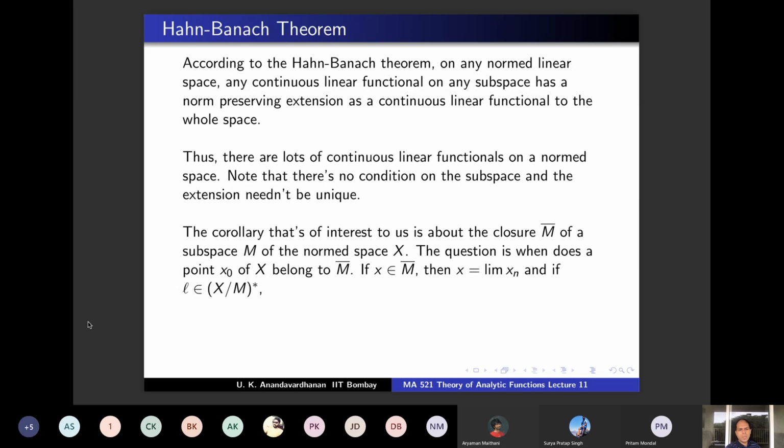So if x is in M bar, for all these L's which are 0 on M, L of x is also 0 by the continuity of L.